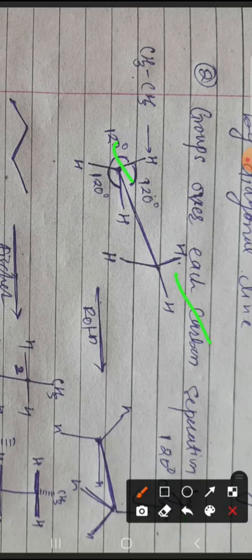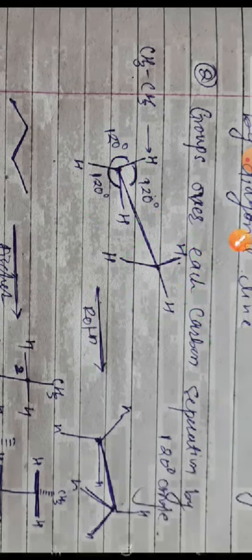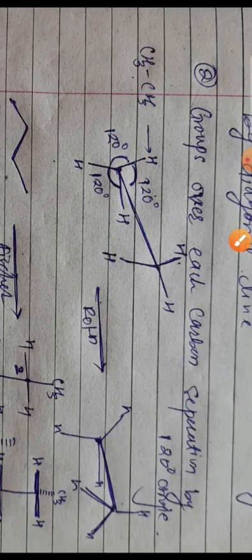And if I take this carbon as constant, then this carbon will rotate, and the hydrogens shift like this. So we rotate here, taking the first carbon as constant, and the next carbon's rotation will change things.